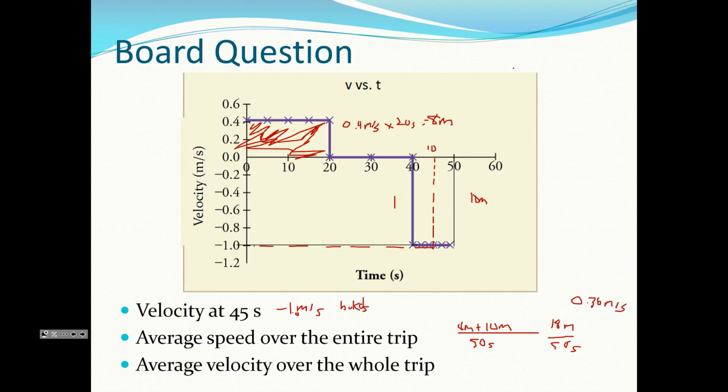Okay. And then for average velocity, well, this is positive and this is negative because this is above the x-axis and this is below the x-axis. So I would go positive 8 meters plus negative 10 meters all over 50 seconds. So I'd end up getting negative 2 meters over 50 seconds.